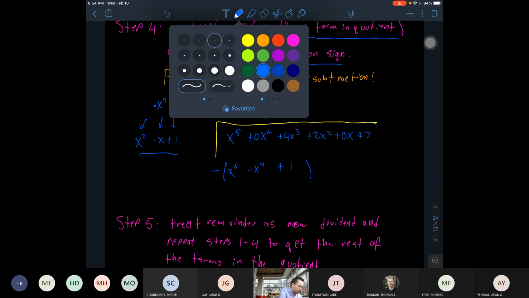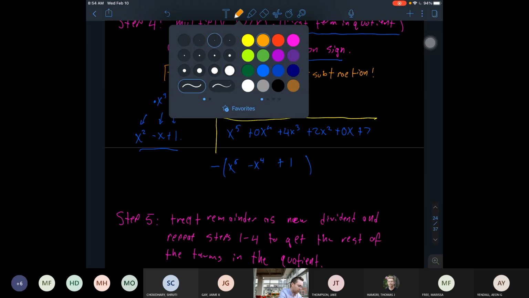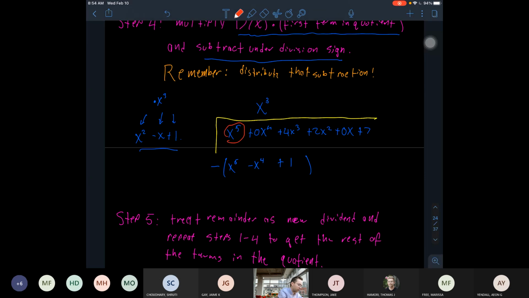Okay? But remember here, distribute that subtraction. I'm talking about this subtraction right here. We need to subtract each of these terms. If I subtract a polynomial like that, I've got to distribute that minus sign. So let's just go through what we're doing here. I'm taking x to the 5th, and I'm subtracting x to the 5th.